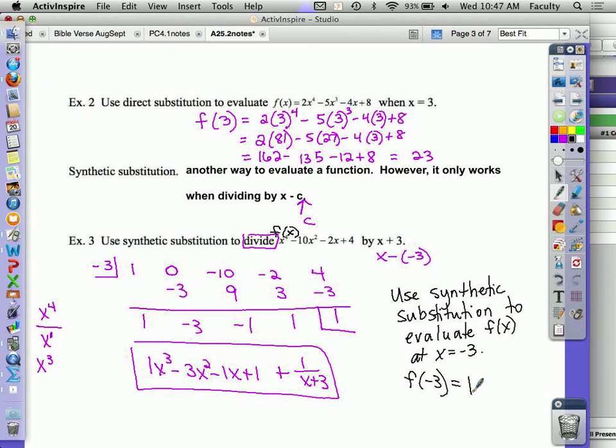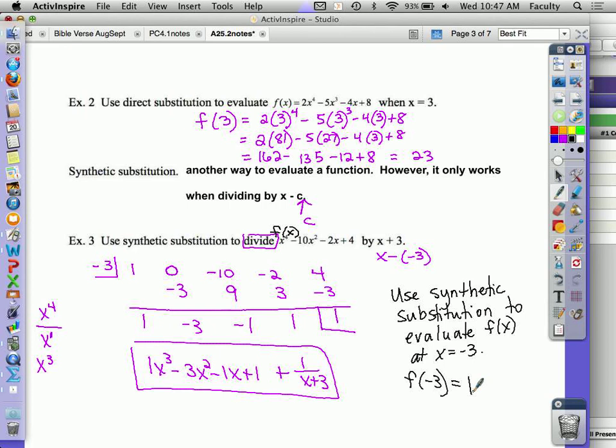We just did this fairly simple setup, and this is a second way to do something we already knew. We know how to plug negative 3 into that polynomial, right? That's called direct substitution. But I can do synthetic division to actually get the answer. I think this is way faster.